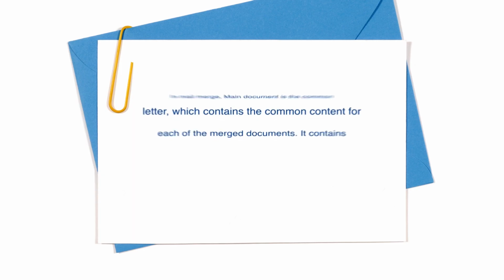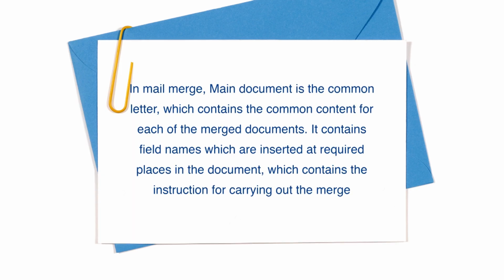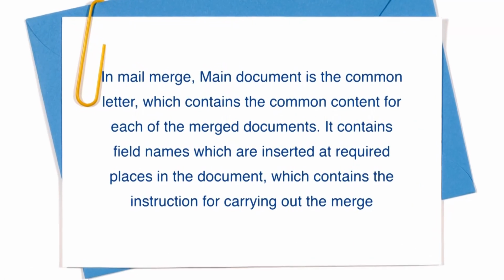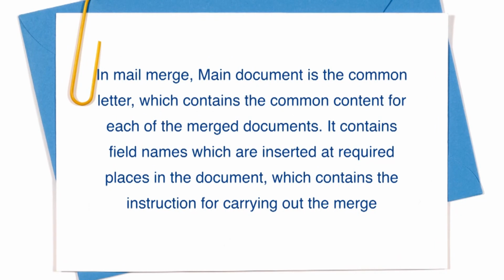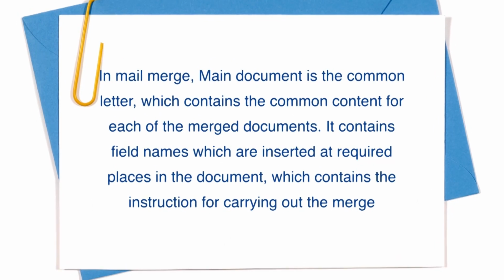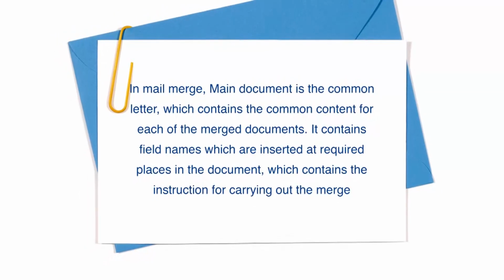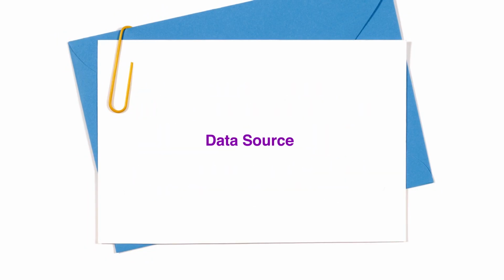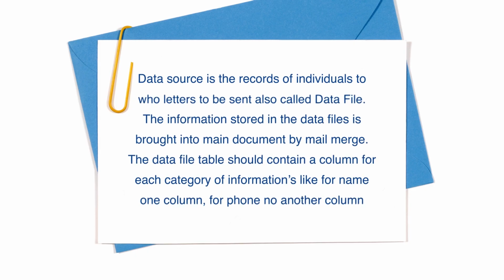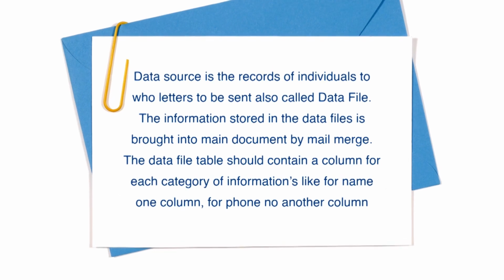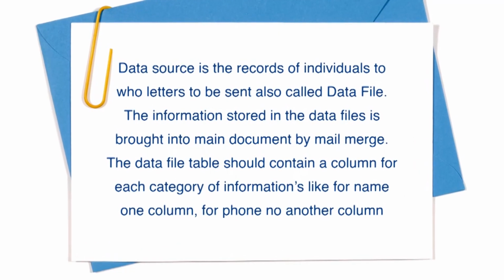The main document is the common letter which contains the common content for each of the merged documents. It contains field names which are inserted at required places in the document, which contain the instructions for carrying out the merge. The data source is the record of individuals to whom letters are to be sent, also called the data file.